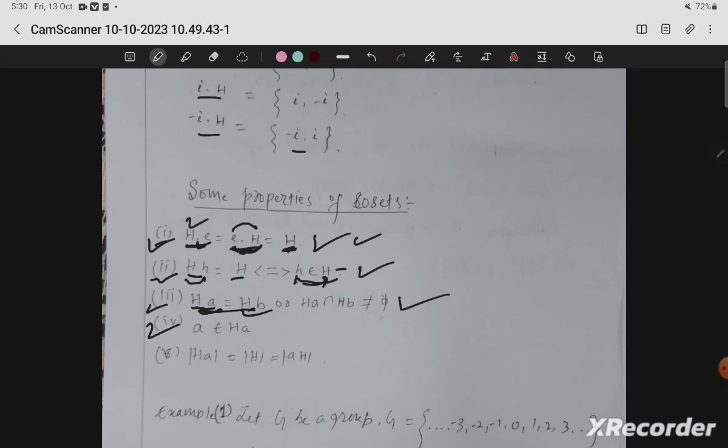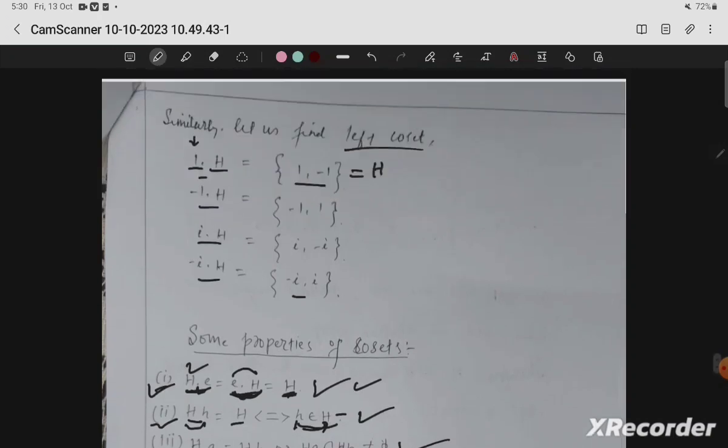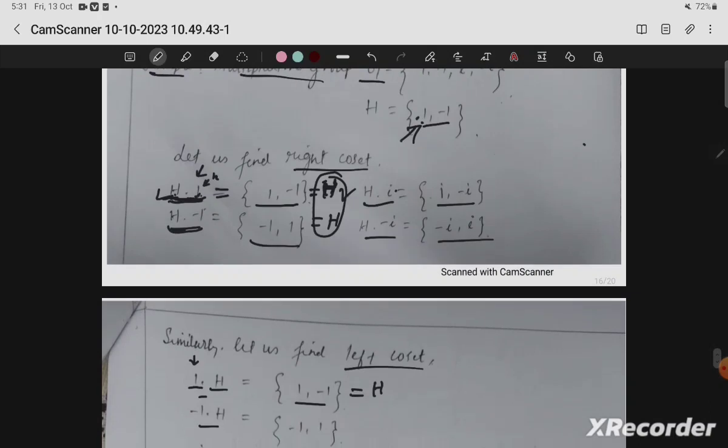So the next property is: A belongs to HA. Since HA is a right coset, we will see the right coset solution. This A must belong to the solution of this one.